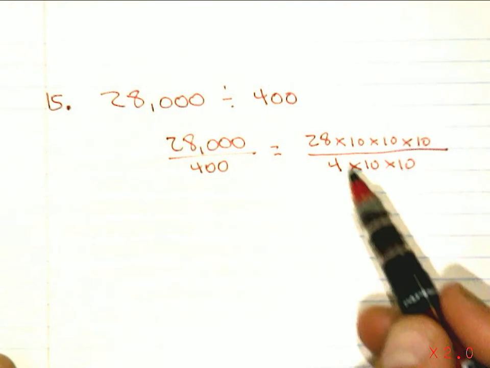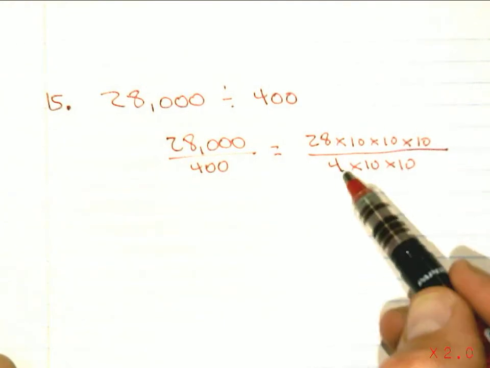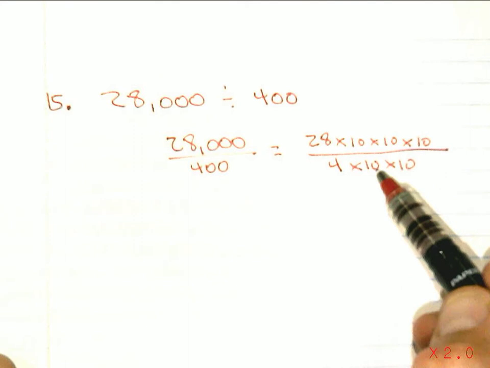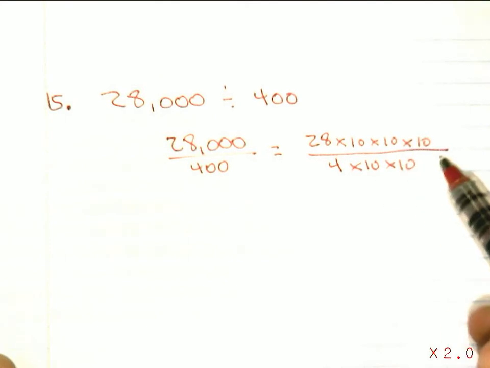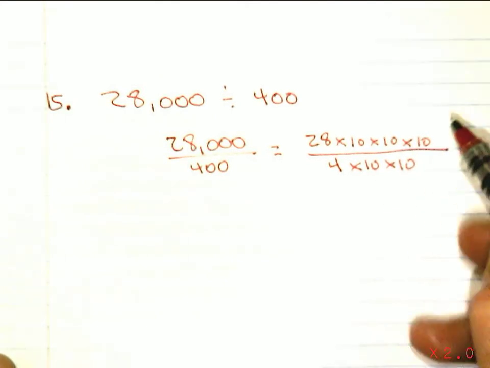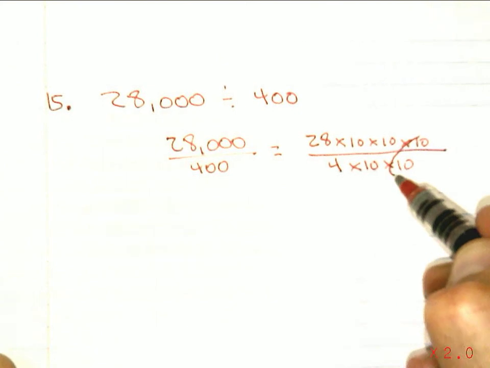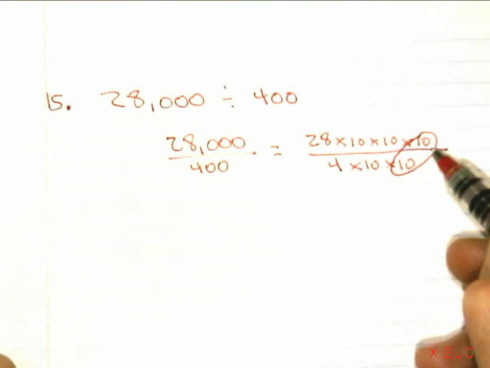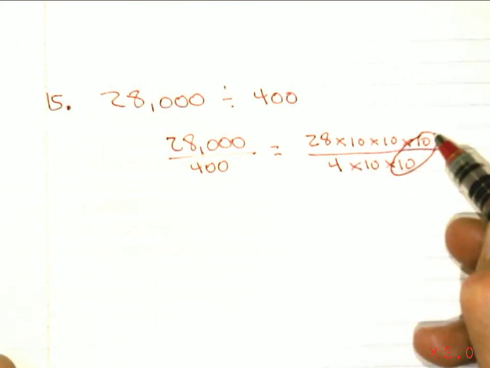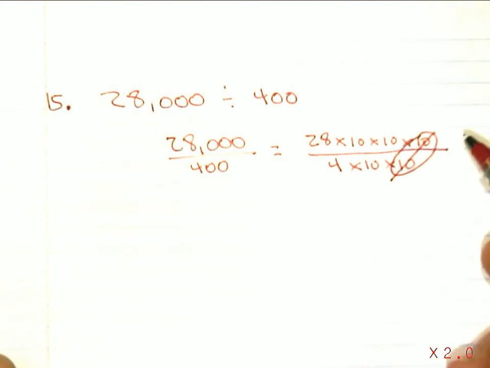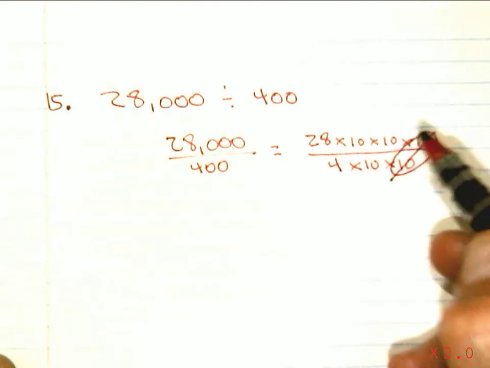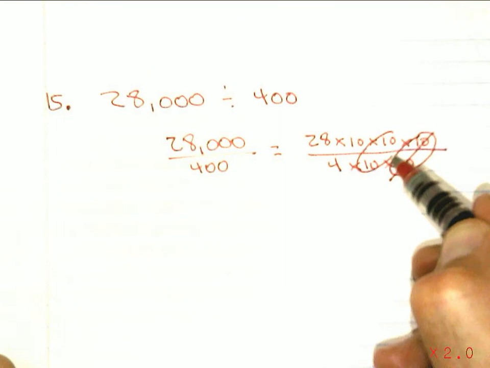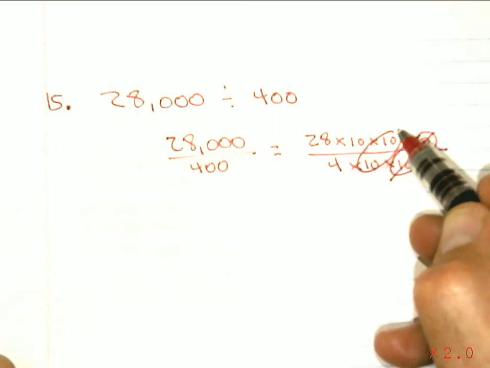So what I really have is 28 divided by 4, 10 divided by 10, 10 divided by 10. So I have all these numbers here. And if you think about each set of 10, 10 divided by 10 is 1. So each set of 10 really cancels out and becomes a 1. Here's a set of 10, and here's another set of 10. 10 divided by 10 is another 1.